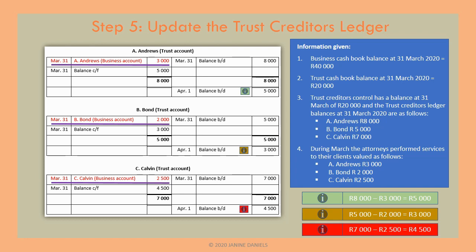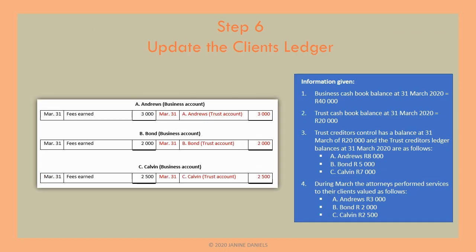And C. Calvin will have a balance of 4,500 Rand. If you add the three closing balances, you'll get 12,500 Rand, which is also the balance on the trust creditors control account. The last step is to update the client's ledger by crediting each person's business account to reflect the payment out of the trust accounts.